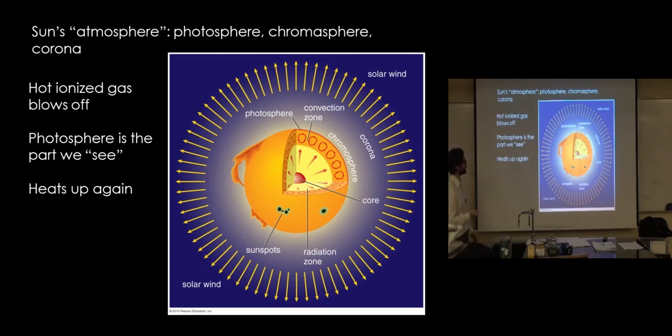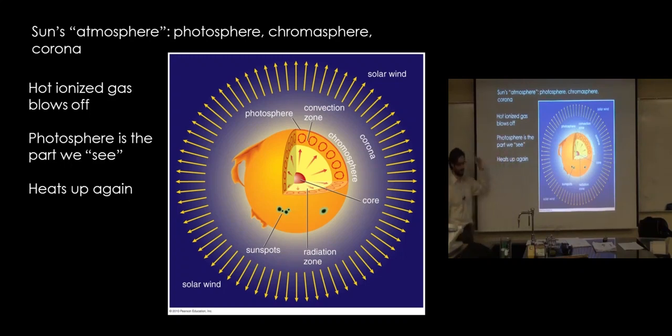The photosphere is the surface of last scattering, which is the same temperature as the edge of the convection zone. When we talk about the color and the temperature of the sun, and later the color and temperature of a star, we're not talking about the core or the radiation zone or the convection zone.